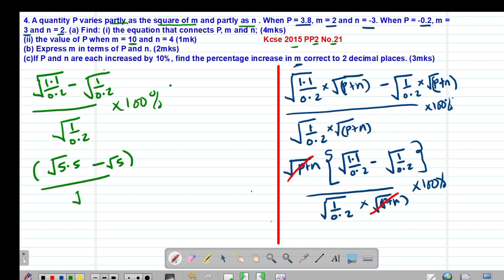So divided by root 5, then multiplied by 100%. So this is going to give us the following: open brackets, the root of 5.5 minus root 5, close the bracket, then divided by the root of 5, then of course times 100%.